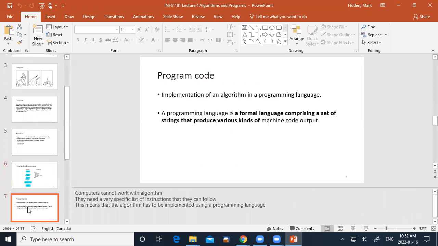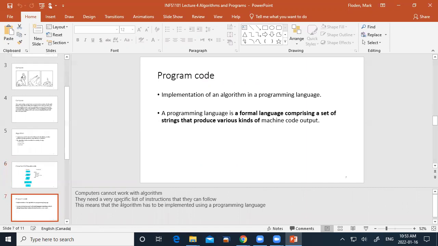Next one there, program code. When we write it in a computer language, and there are lots of computer languages that we can use, we can call that program code. A programming language is formal. Computers can't work with the algorithm by themselves.